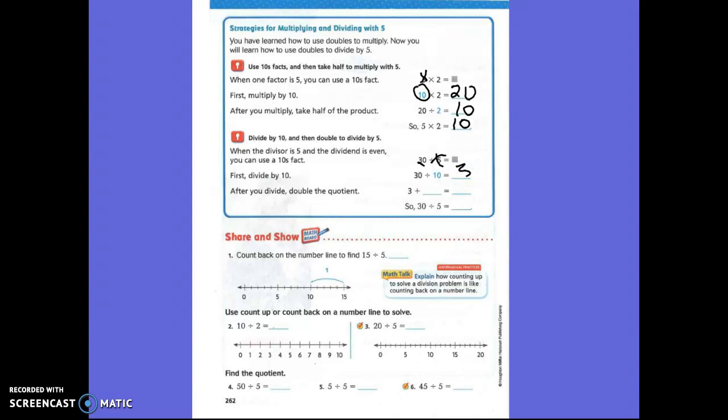Then, after you divide, double the quotient. So double 3, which is 3 plus 3 equals 6. And so 30 divided by 5 equals 6.